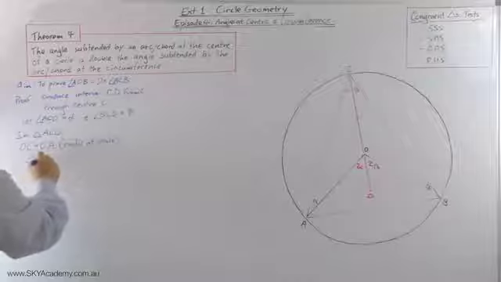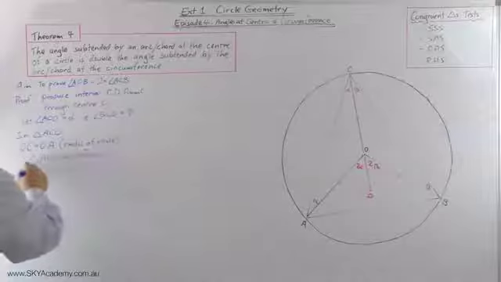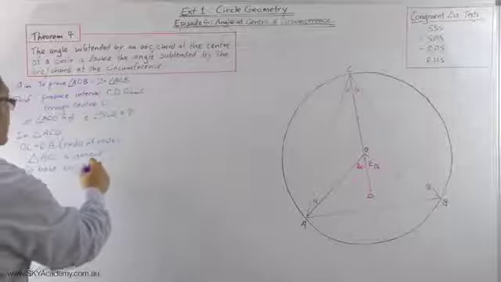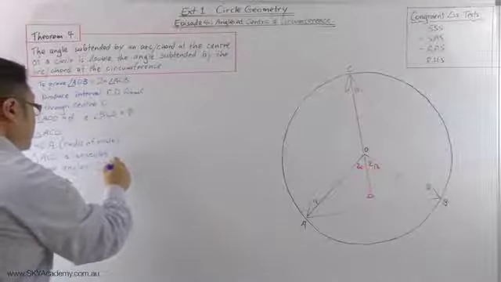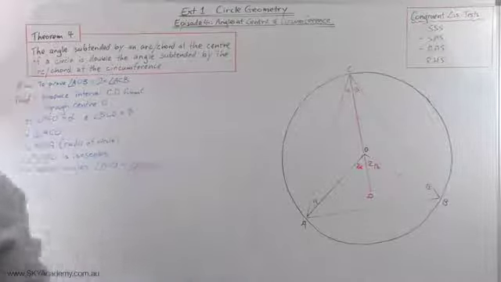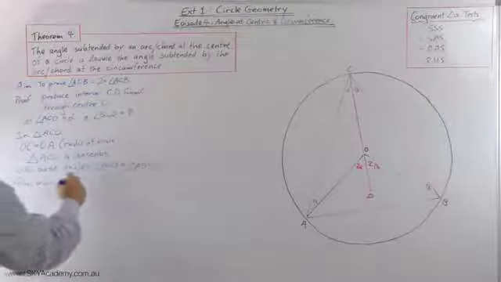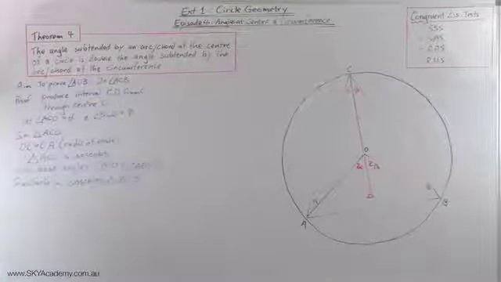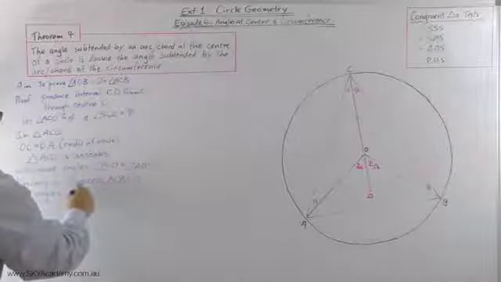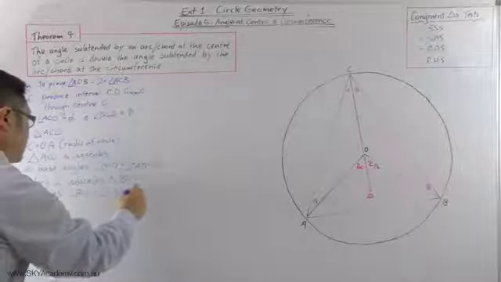Therefore, triangle ACO is isosceles with base angles, angle ACO equaling angle CAO, alpha. Similarly, in isosceles triangle BCO, we have base angles angle BCO equals angle CBO equals beta.